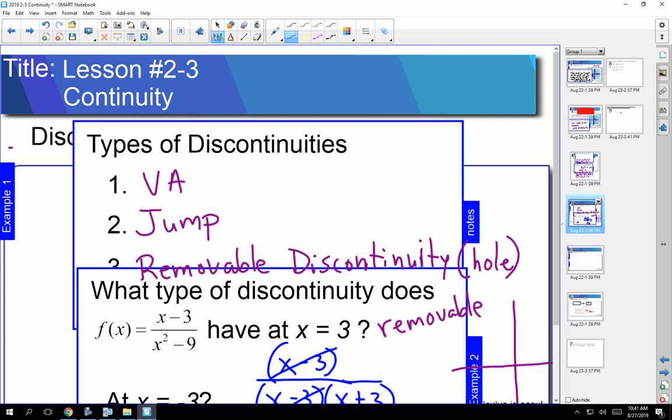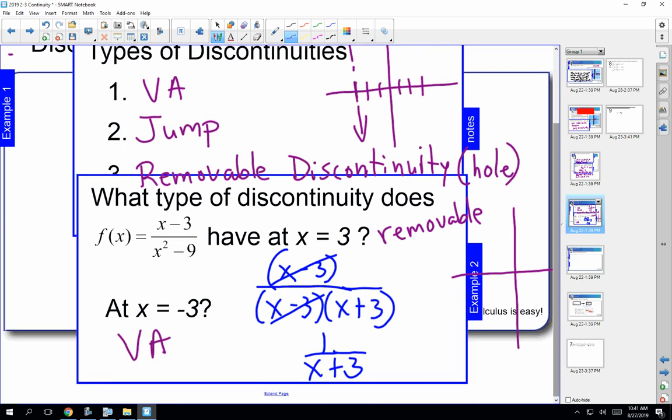Let's try it again. Here, we'll draw it up. So 1 over x plus 3 would be shifted 1, 2, 3 units to the left. We have a vertical asymptote right there. And at (3, 1/6), if I plug in 3 right here, it would be 1/6.